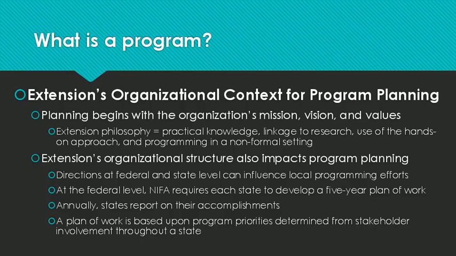At the federal level, USDA NIFA requires each state to develop a 5-year plan of work, and so annually those states are accountable for reporting on their accomplishments, and each of the educators within counties within a state are responsible for reporting on their accomplishments, which are then compiled into state reports.